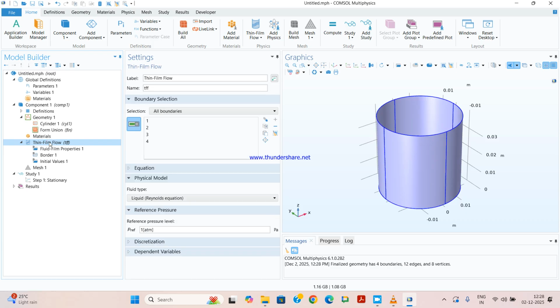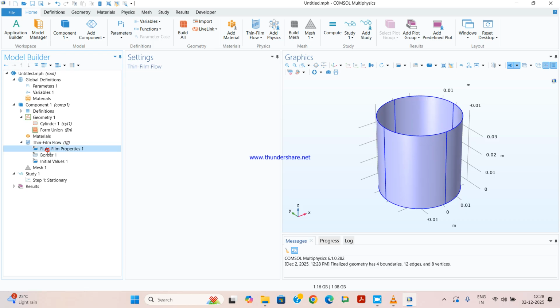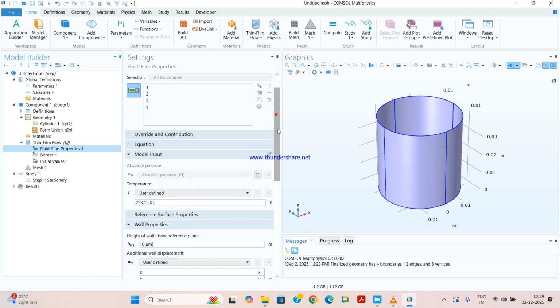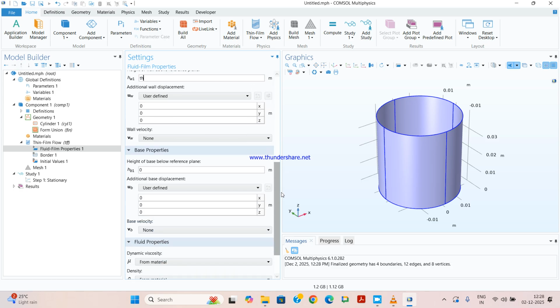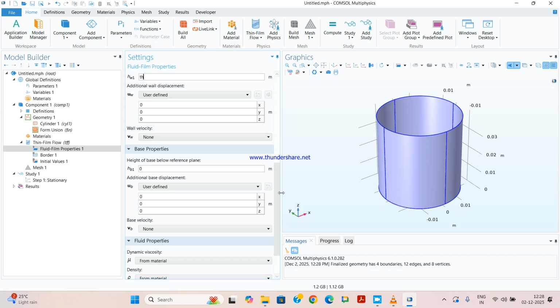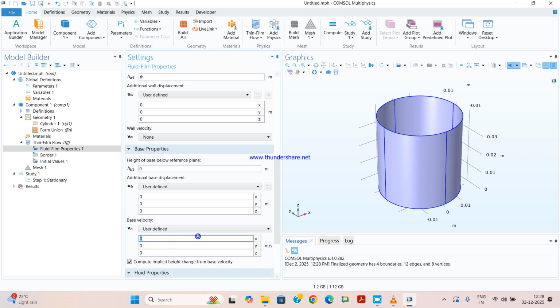Now go to this, and here there is nothing to do. This will be nothing but the thickness, and this velocity will be user defined, so it will be my ux, and this will be my vy, I think.